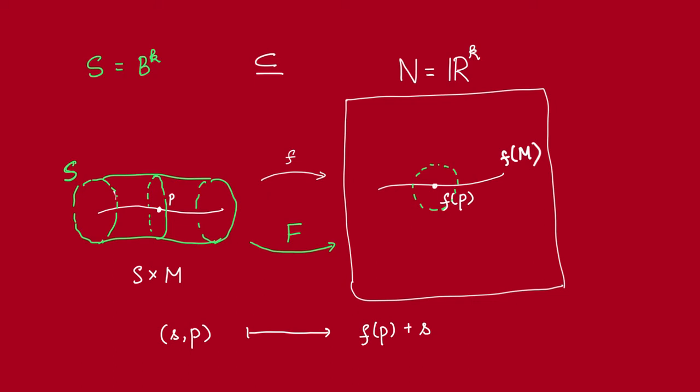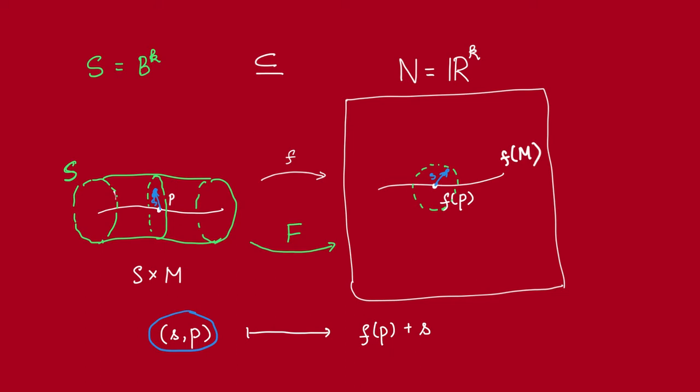In formula, this map sends every point (s, p) to the point f(p) plus s. So let's say s corresponds to this vector here, then we just map the point (s, p) to this point, which is obtained by translating f(p) by s.